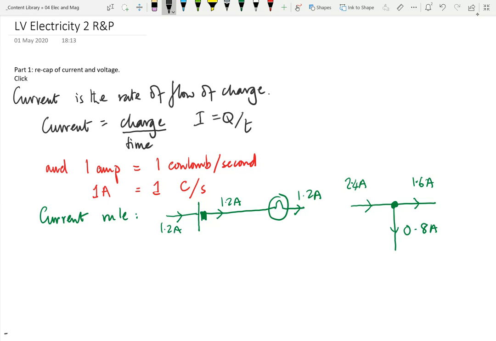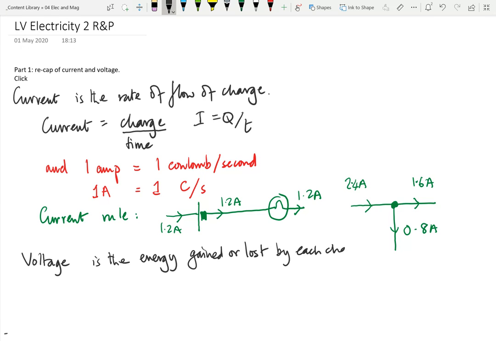And then what about voltage? Voltage is the energy given to each charge. What should we put? Gained or lost, I think. So that means that in symbols, first of all, voltage is the total energy delivered over the amount of charge required to deliver it.